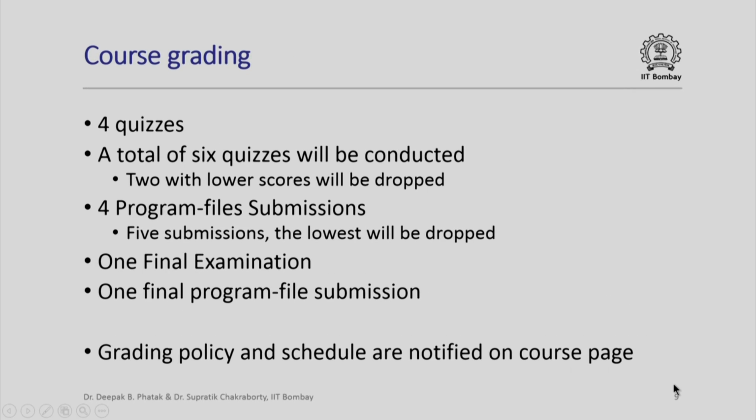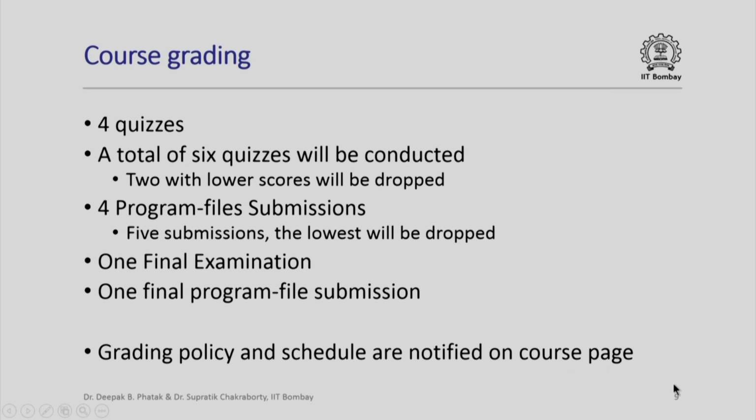The course grading is proposed to be done as follows. We will evaluate you on 4 quizzes. We will conduct a total of 6 quizzes, and the 2 with the lowest scores will be dropped. Similarly, there will be 4 program file submissions. There will be a total of 5 submissions, and again, the lowest marked file submission will be dropped.